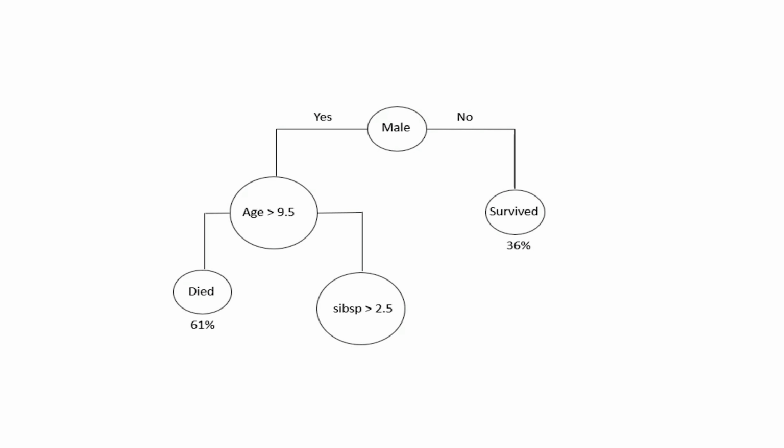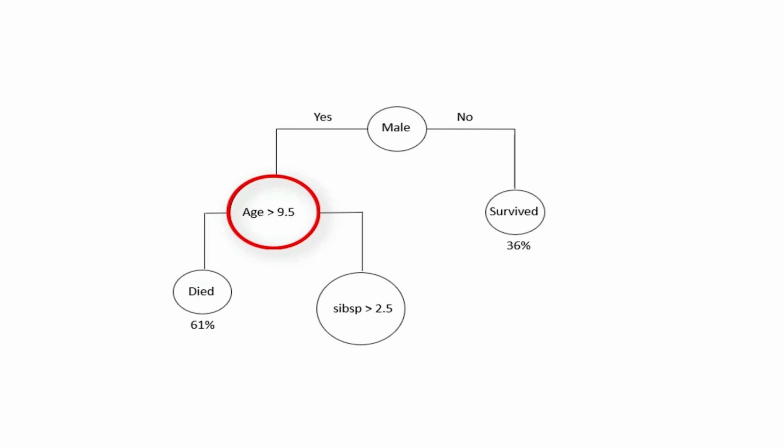The dataset has an attribute for gender titled sex. The algorithm has decided that the single most important attribute was the sex attribute. More specifically, is the passenger male or not? The root node is split into two groups, male and female. After the first split has been completed, the algorithm continues to analyze the other attributes in the dataset. The algorithm decided that the age of the passenger was the second most important attribute in the dataset.